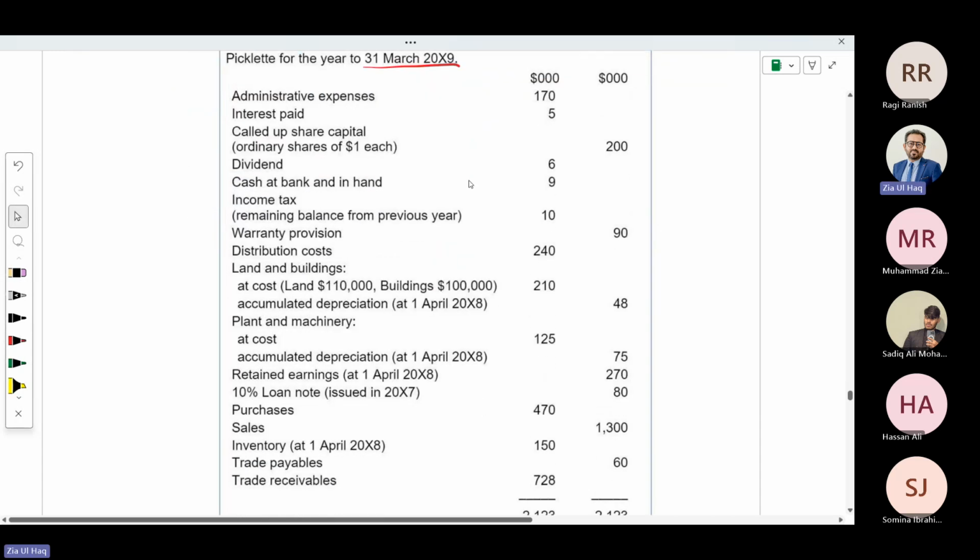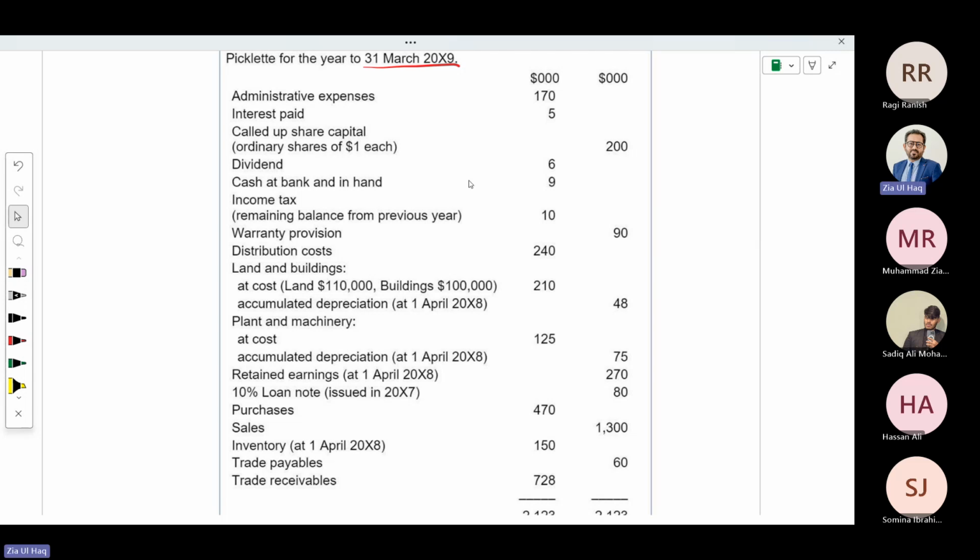What is the information? Admin expenses 170. Interest paid 5, an expense, finance cost. Called up share capital, ordinary shares. This is share capital 200. Dividend paid. How can you recognize whether this is dividend received or paid?